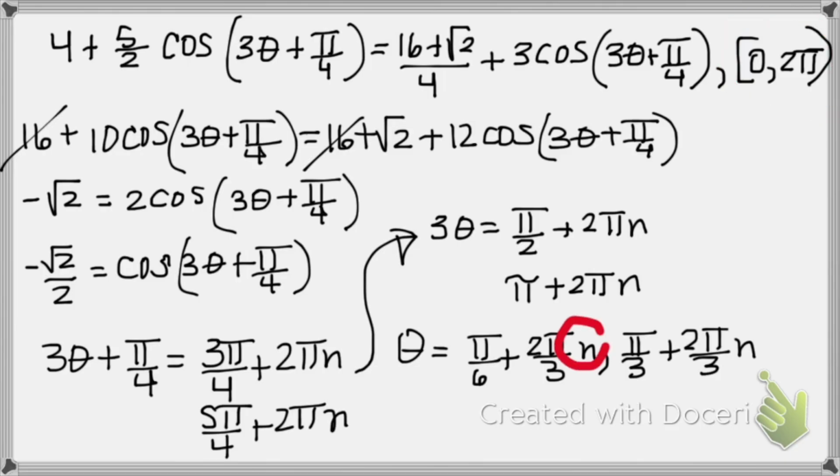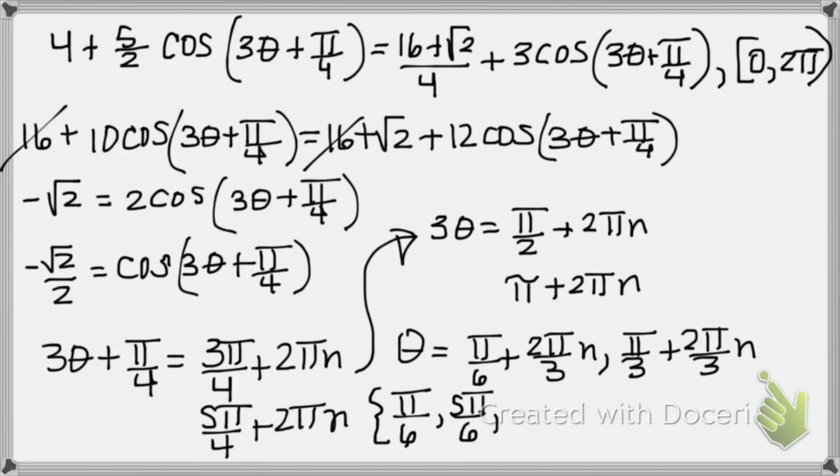Right now, this n is giving me infinite solutions. So I'm going to let n equal 0 there, and that'll give me pi over 6. And then I'm going to let n equal 1, and that'll give me 5 pi over 6.